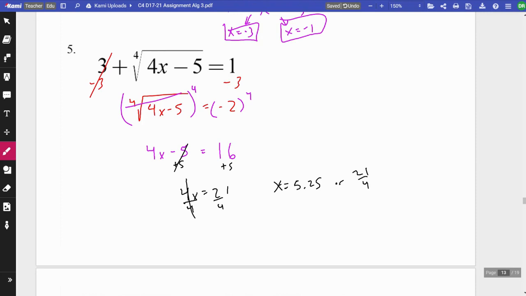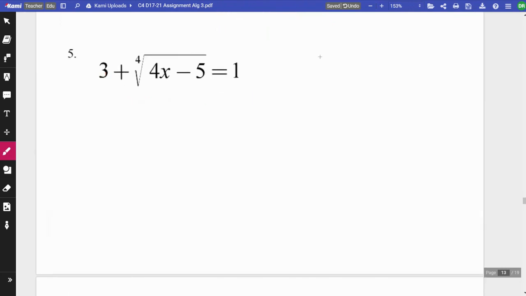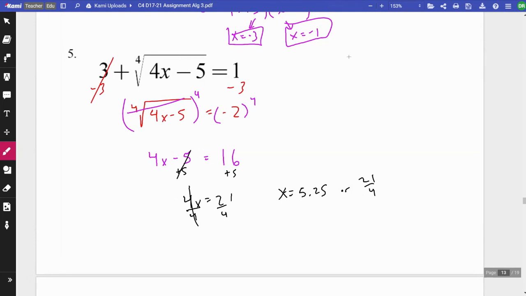One thing about this: let's say I plug this in, and I don't want to waste a ton of time on this. Video is kind of long, but if we had this, I'll use 21 fourths. 4 times 21 fourths minus 5.